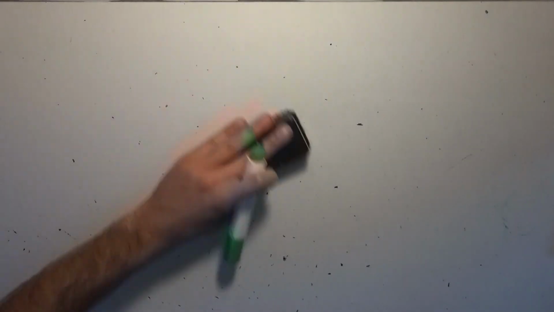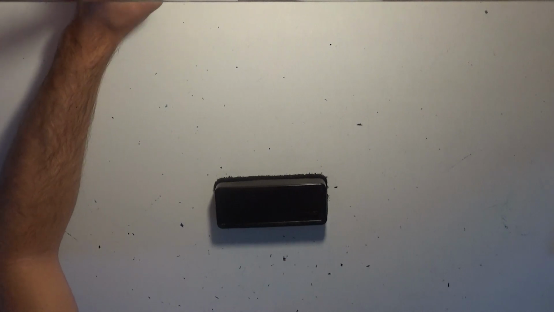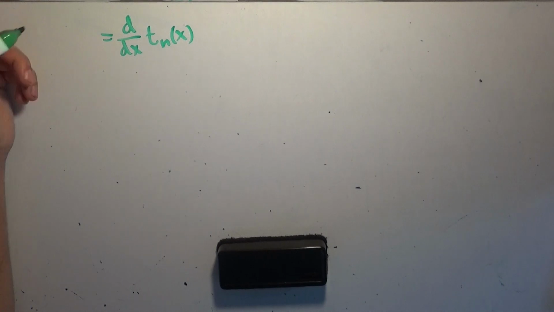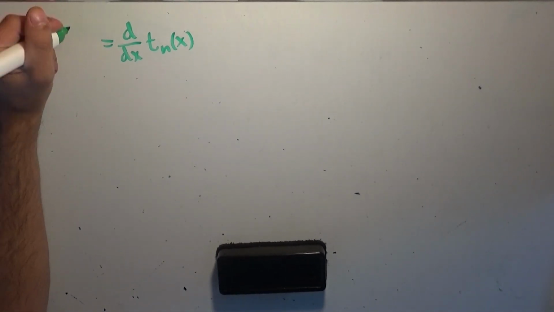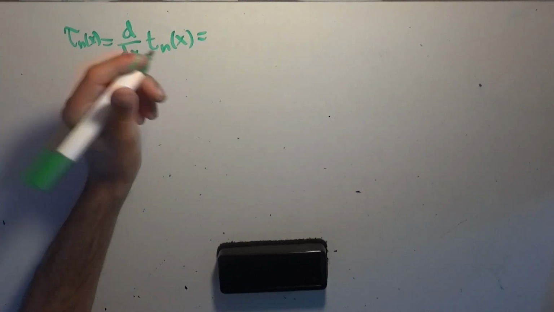This is what we've actually derived. So we derived that the derivative of the nth tetration of x, which we lovingly called tau n of x, was equal to two different forms that we had.